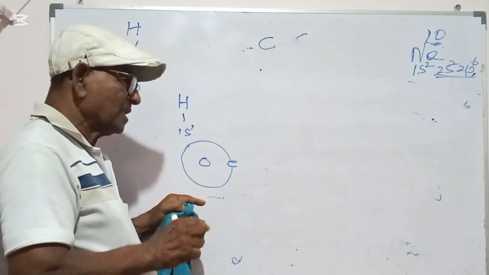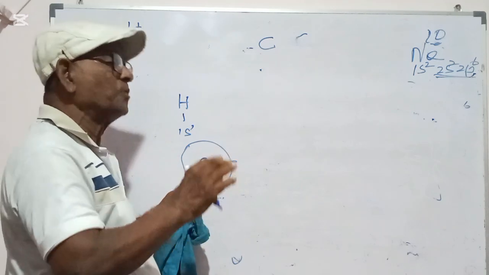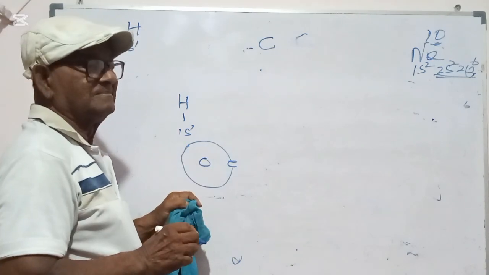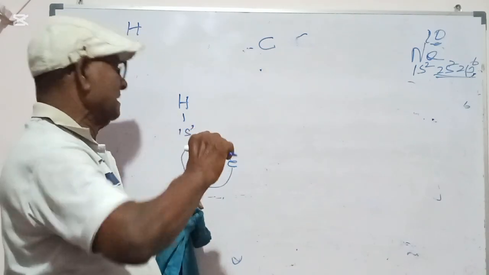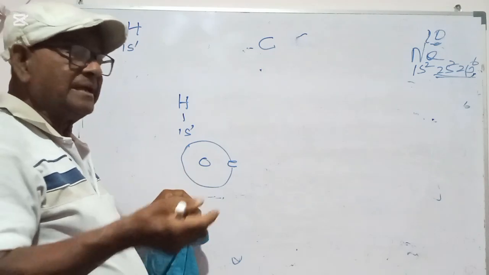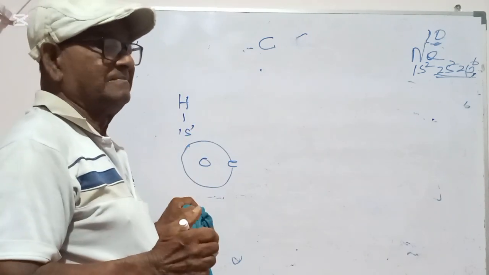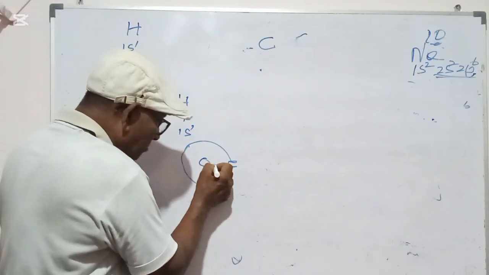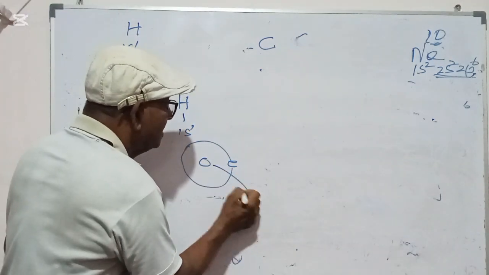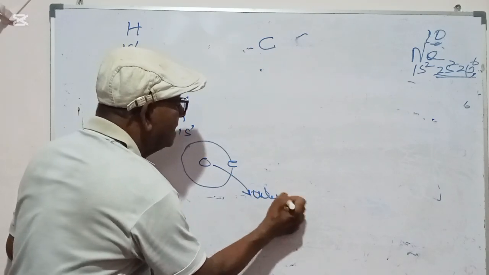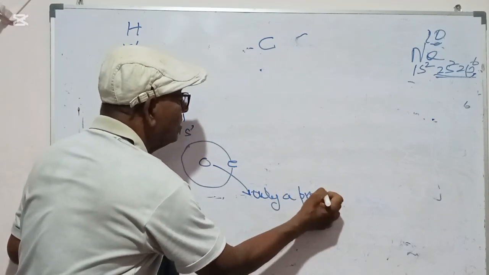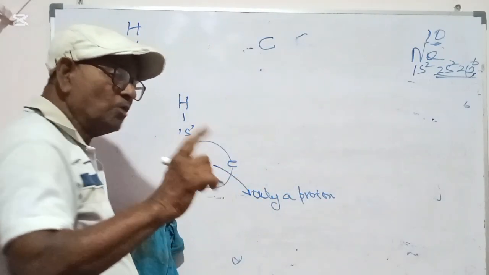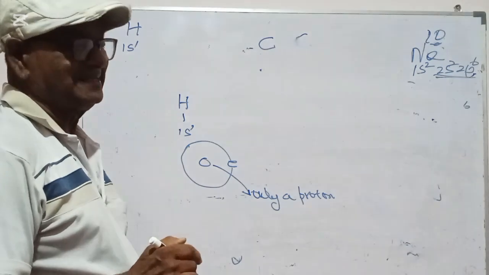If I tell you all the elements have protons and neutrons in the nuclei, it is wrong. It should be correct as: except hydrogen. Then you must know that the nucleus of hydrogen is only a proton, no neutrons.